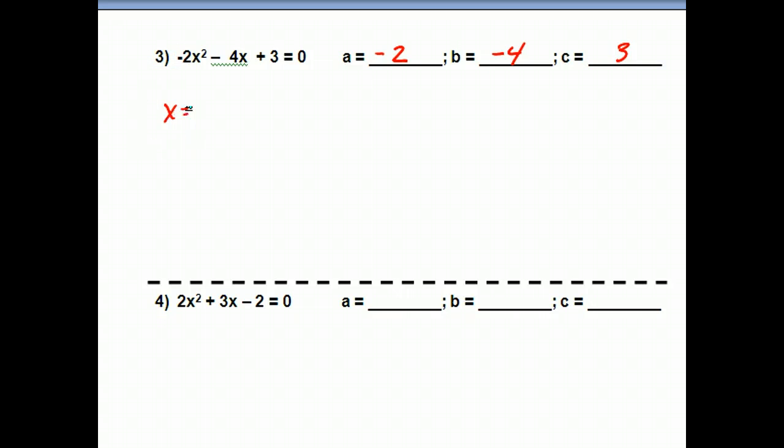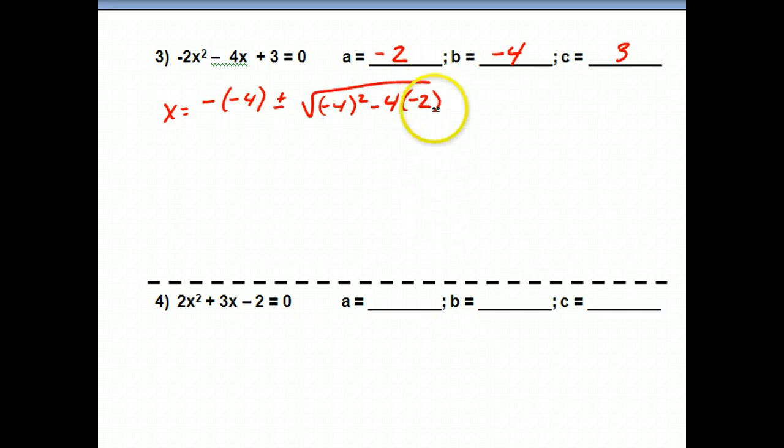So x is equal to minus b, so minus minus 4, plus or minus the square root of b squared, so minus 4 all squared, minus 4 times a, negative 2, times c, which is 3.